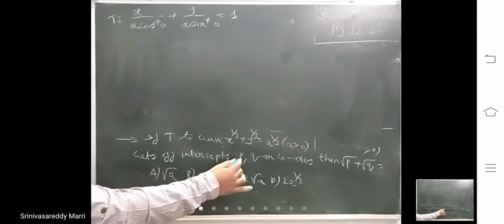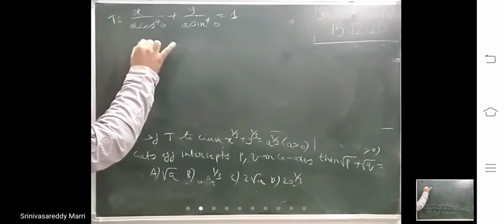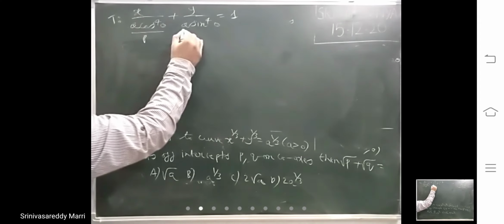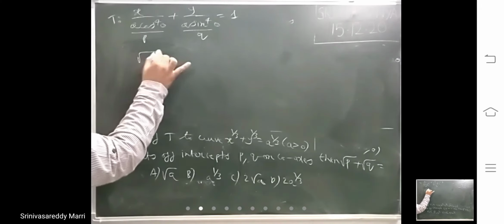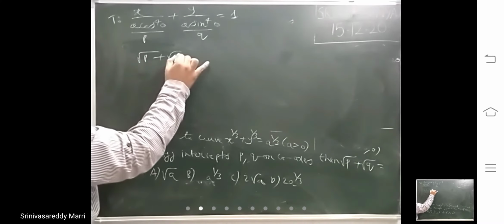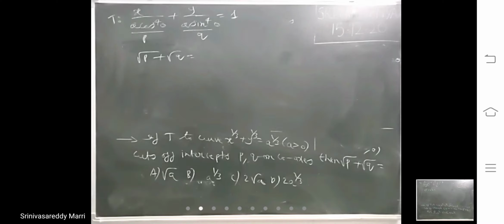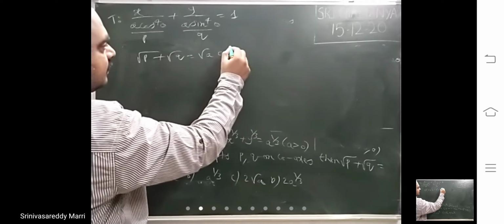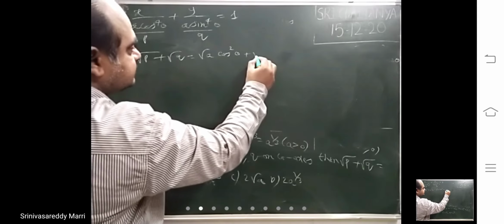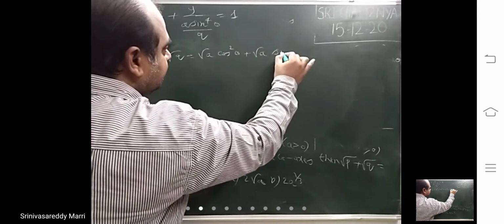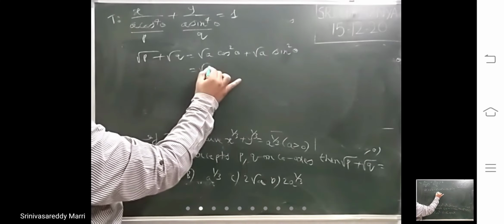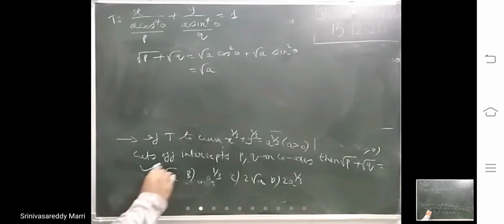So intercepts, P is nothing but this. This is P, this is Q. Root P plus root Q is nothing but root of this, means root A cos square theta plus root A sin square theta. That means what is the answer? Root A. Like that you can easily calculate if you remember the formula.